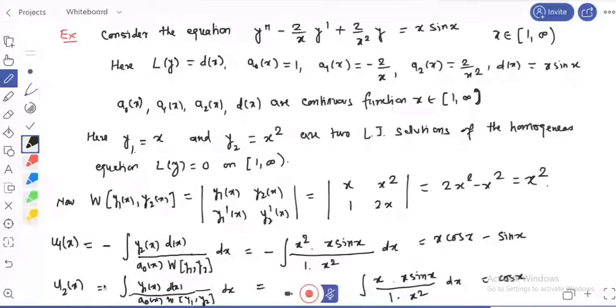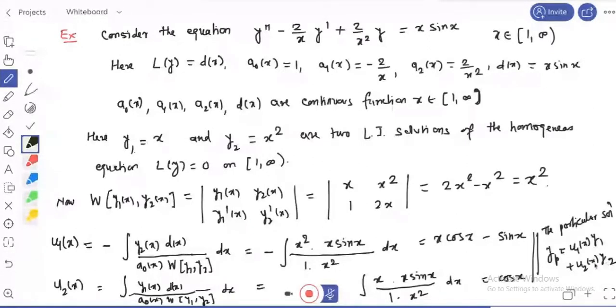So the particular solution of this problem, that is yp, equals u1(x) y1 plus u2(x) y2.